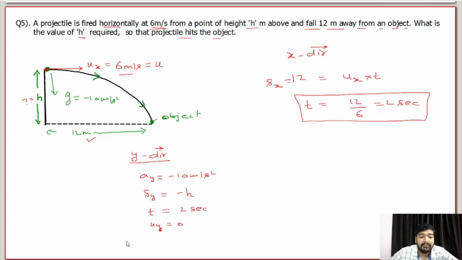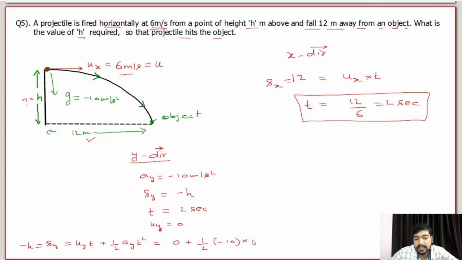We can apply here the second equation of motion, that is Sy equals uy t plus half ay t square. This will be minus h, u is 0 so that term becomes 0, plus half times minus 10, since ay is minus 10, into t square.